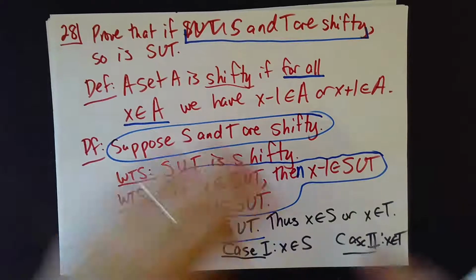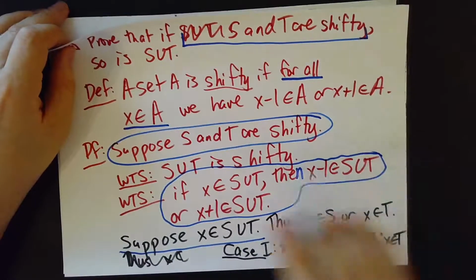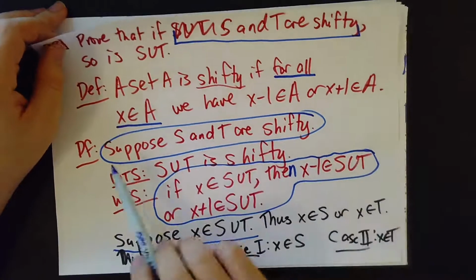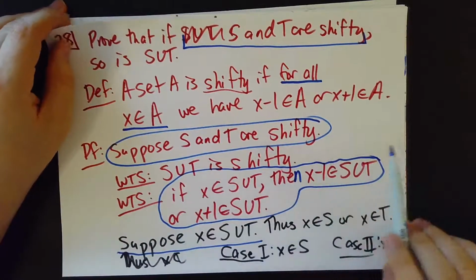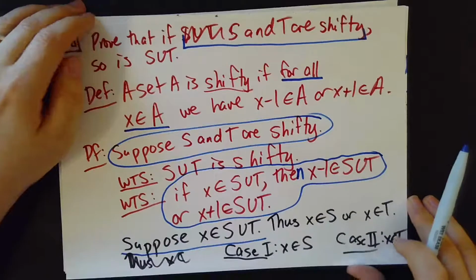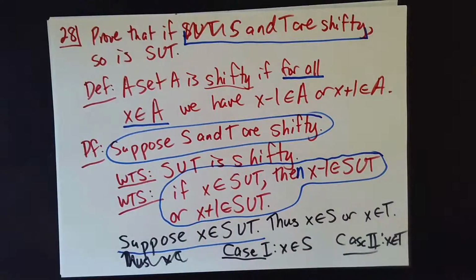When you actually want to type this up, probably the first sentence would be, suppose S and T are shifty and x is in S union T. But you're not going to know that until you figure out how all the pieces fit together.